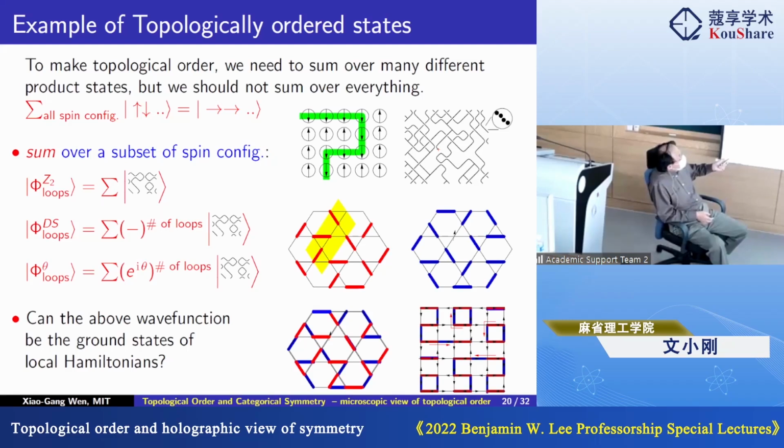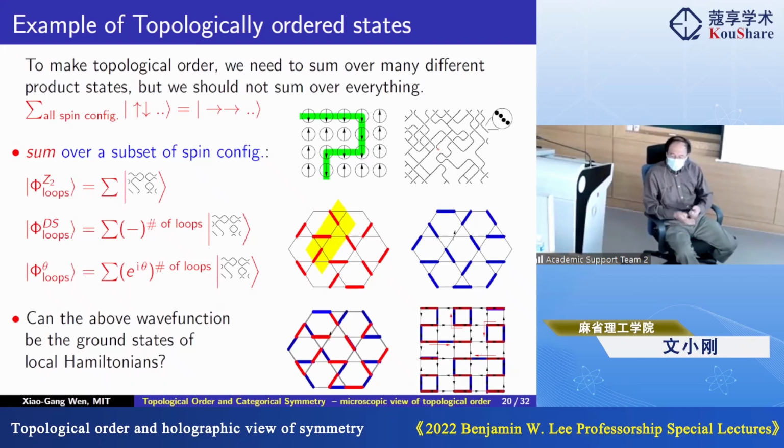And then you also include interaction where the string can fluctuate without breaking up. This way we get a superposition of strings which are formed by down spins. So that is one spin wave function which we think is long-range entangled.